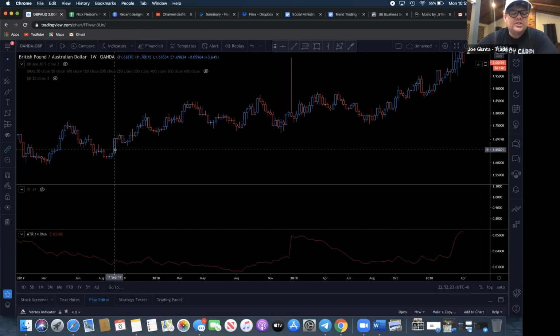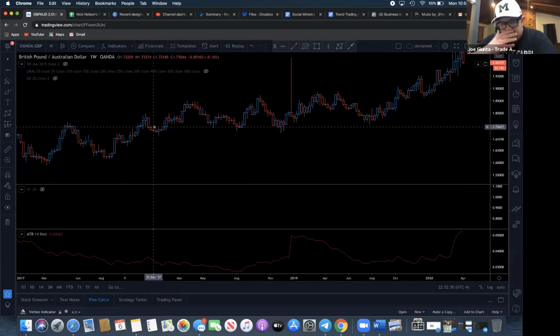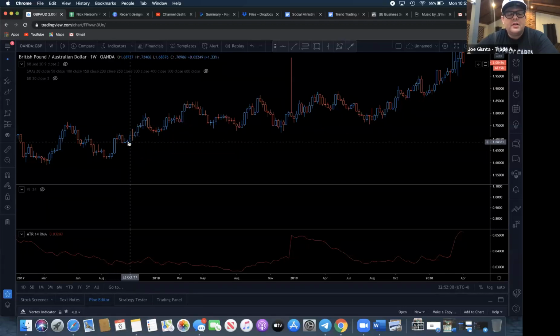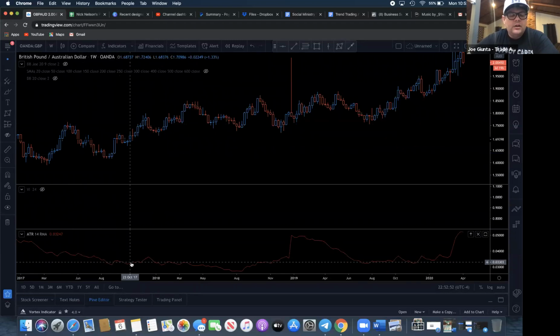In this example it shows 14, so it takes the last 14 time periods, adds those ranges up, and divides by 14. On average, over the last 14 candles, the average movement was X amount of pips, and you can look right here and it'll say 324 pips.